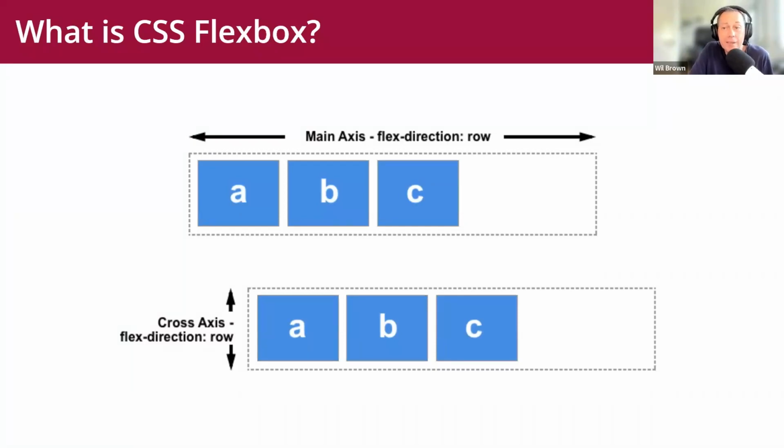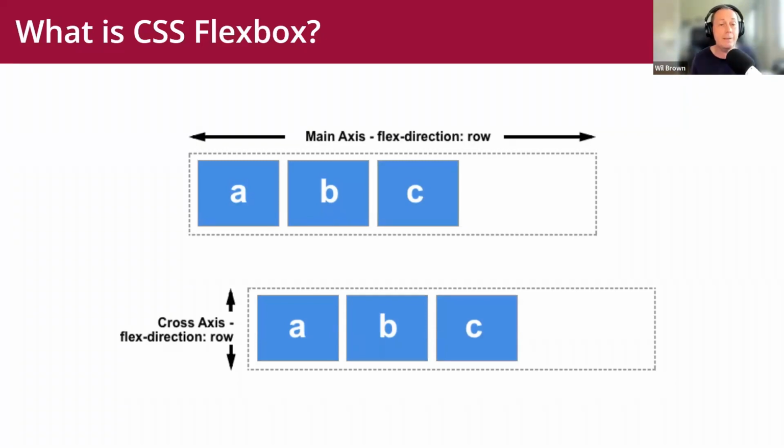The cross axis is the perpendicular direction to the main axis. When you set a container's direction, all the components within that container flow in these directions. The axis can be set to a row for horizontal, or to a column if you want a vertical direction.